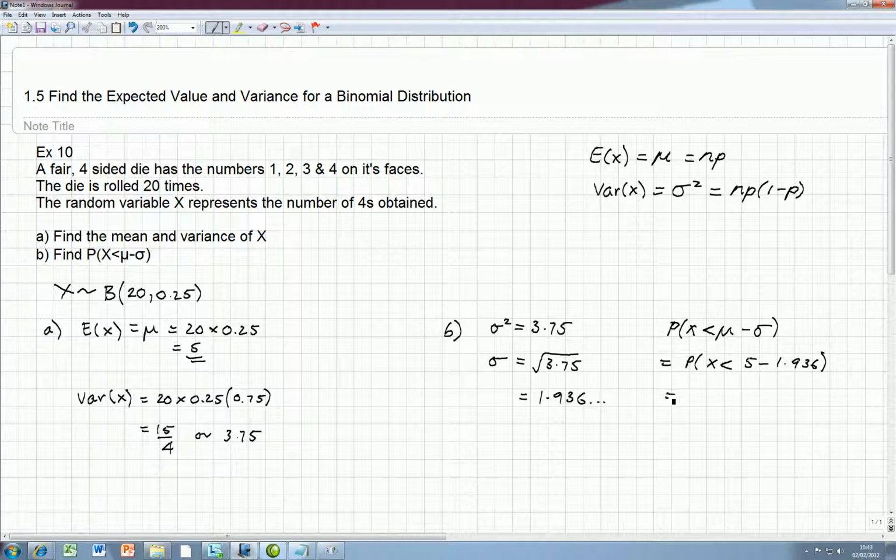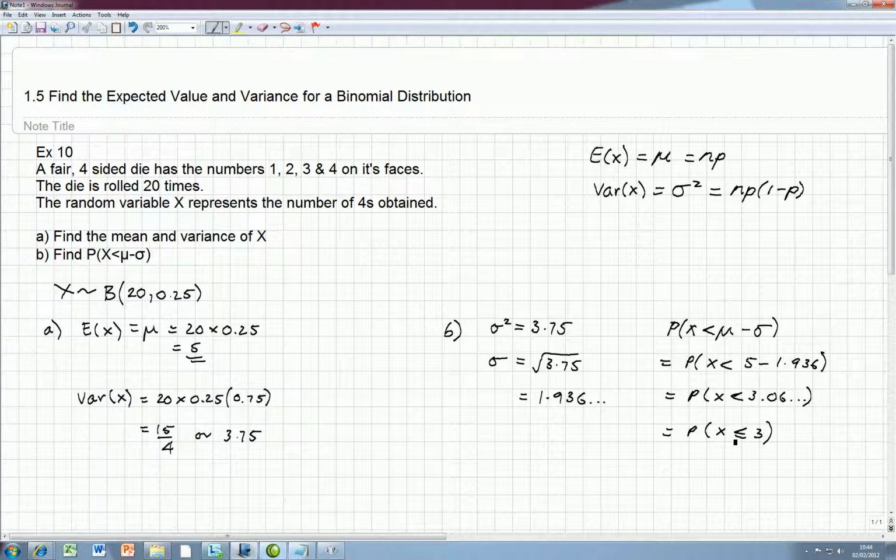So that's the probability that x is less than 3.06. Now, because we've got a discrete variable here, that's the same thing as the probability of x being less than or equal to 3.